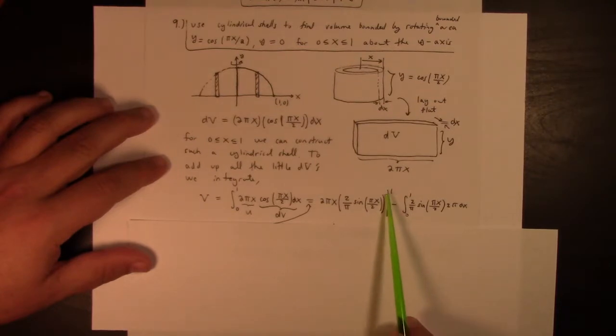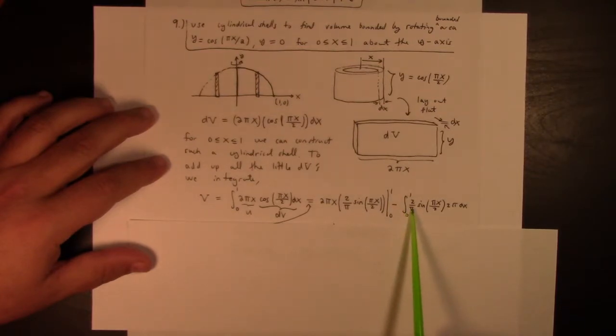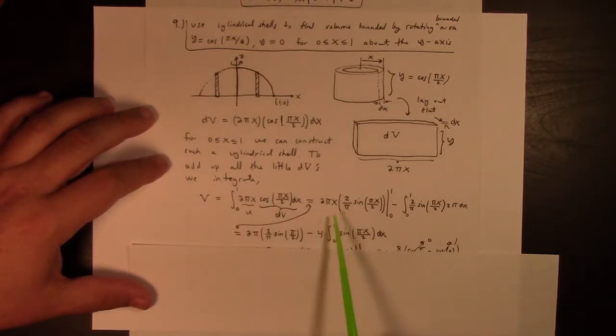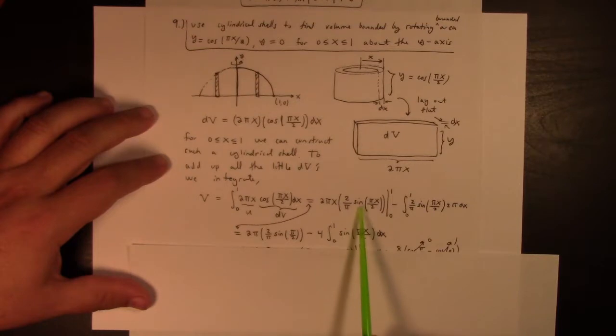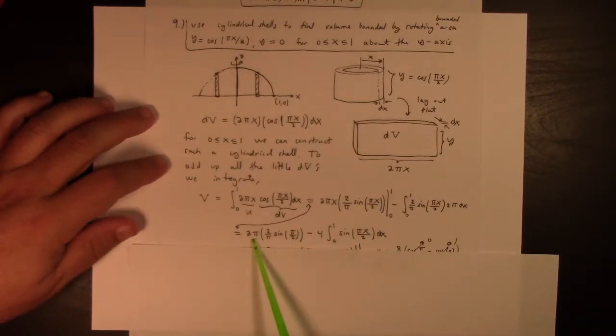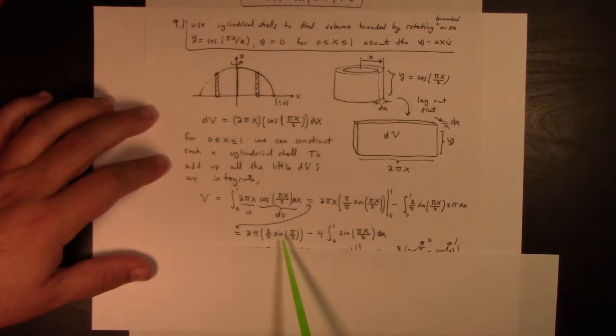Then we evaluate from 0 to 1, and then we get minus the integral of v du. When I plug in 0, I get 0. When I plug in 1, I get 2 pi times 2 over pi times the sine of pi over 2. Sine of pi over 2 is 1, and so this works out to 4.